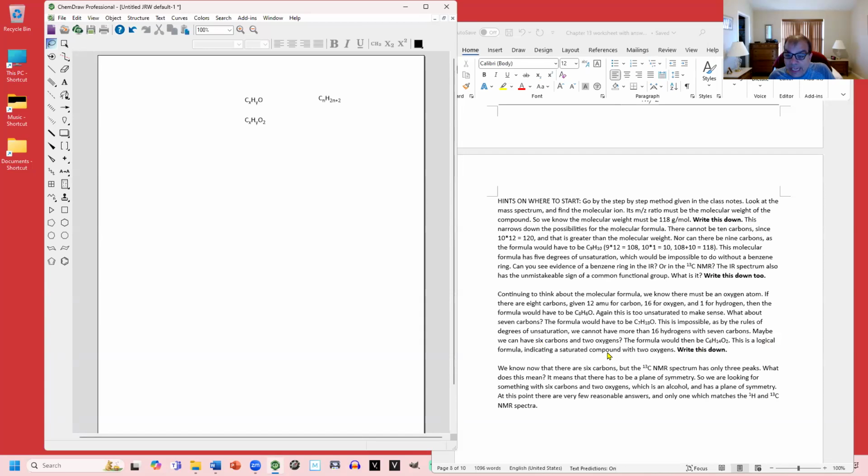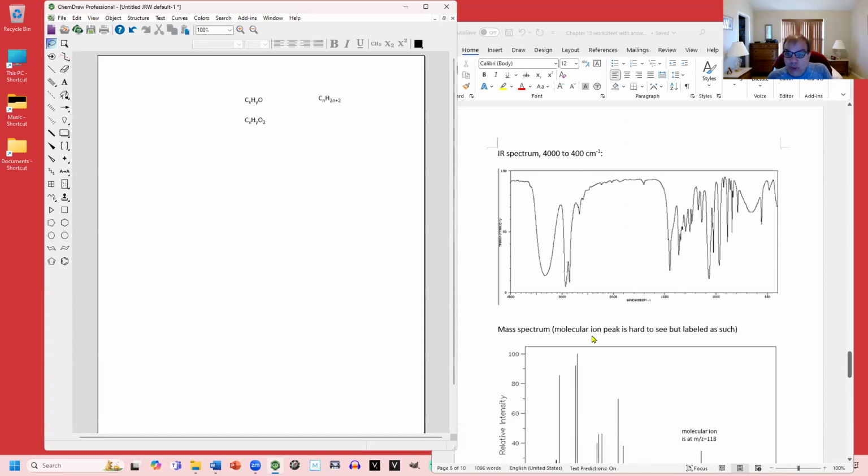It looks like a saturated compound with 2 oxygens. Write this down if you get to that point in the exam. We have a reasonable molecular formula that at first glance matches the NMR spectra, leaves it open for an alcohol in the IR spectrum, and is saturated, which makes sense since we're not expecting any aromatic or vinylic carbons.